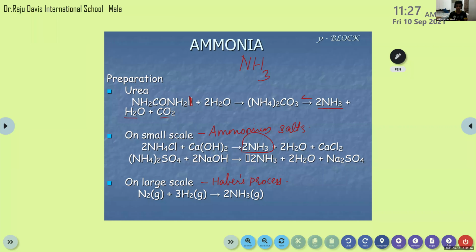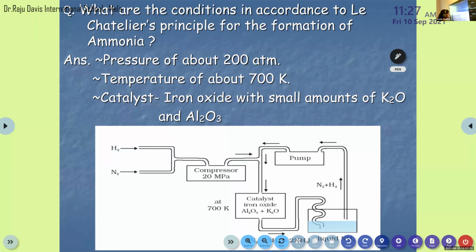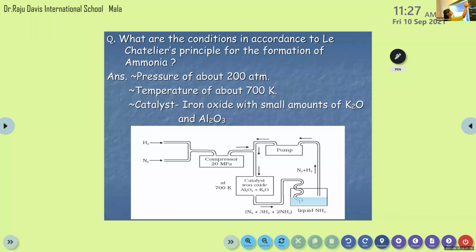Okay. Yes, then we are moving to the Haber's process. Some essential conditions are required for this Haber's process to occur. So what are the conditions in accordance with Le Chatelier's principle for the formation of ammonia? You have learned that in the case of reversible reactions, there are certain conditions required to increase the rate of forward reaction.